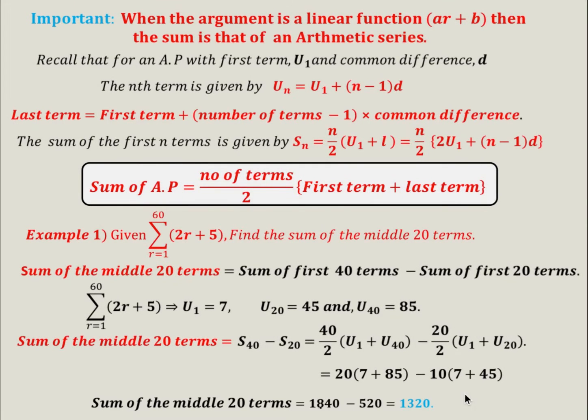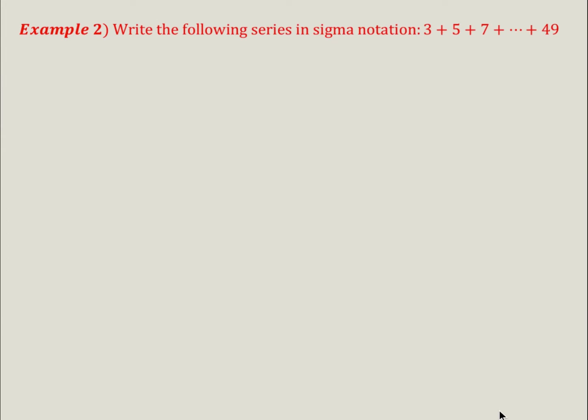And from there, we have that the sum of the middle 20 terms is equal to 1,840 minus 520, giving 1,320.